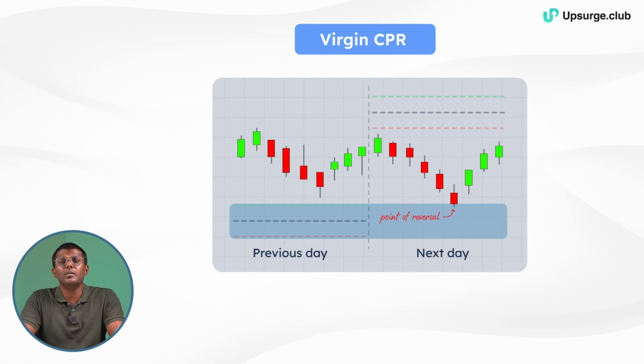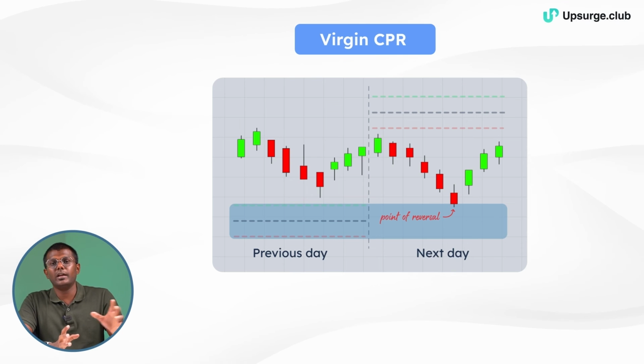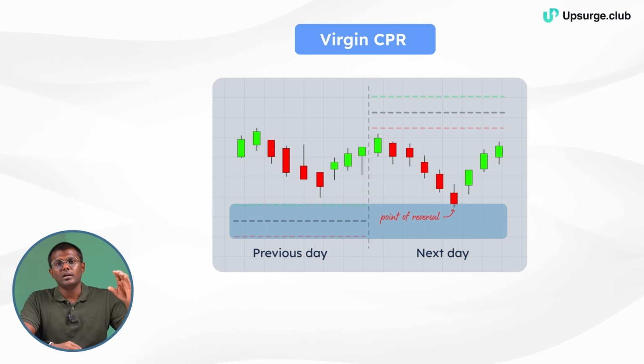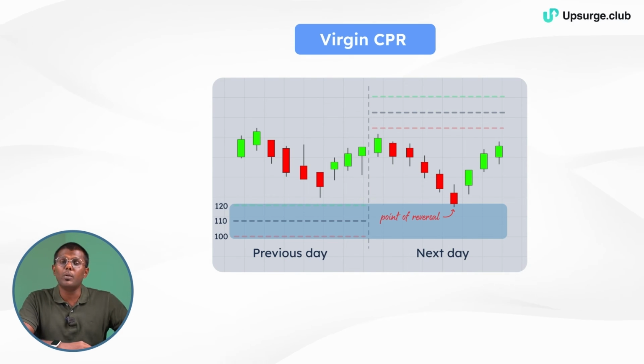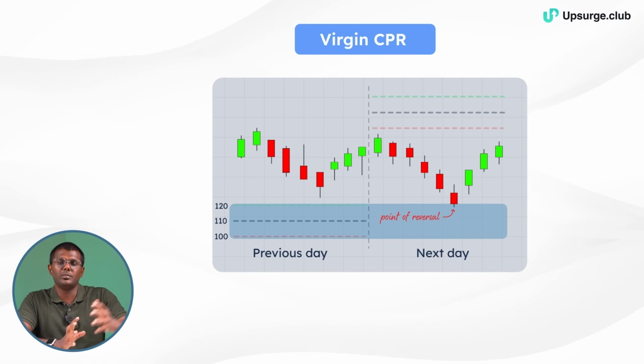So why does a virgin CPR occur? Basically, virgin CPR occurs if the candles are not touching the CPR. For example, yesterday the CPR was around 100, 110 and 120. If there is a gap up opening and the market is trading above CPR, then this CPR is called a virgin CPR.